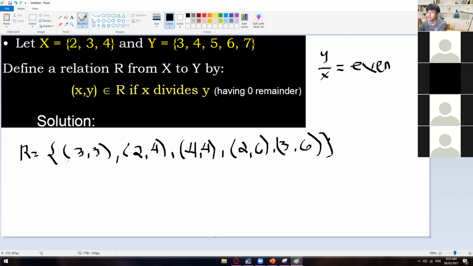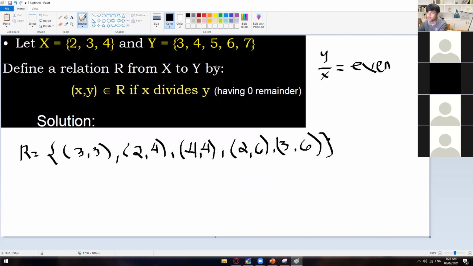Okay. So as you can see right here, we form 1, 2, 3, 4, 5 relations. So yes, this is now our answer. So are we clear so far when it comes to forming a relation or set relation? Yes, sir.